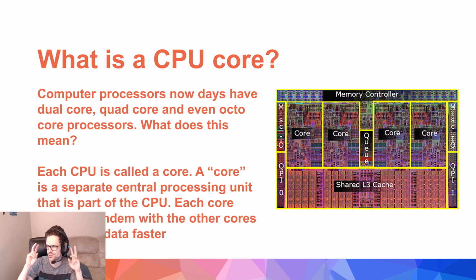So if you had 4 cores, you should be able to theoretically run 4 processes at once, 4 separate processes. So you might be able to have Microsoft Word open, Google Chrome, maybe some other piece of software open, like a game, and then maybe PowerPoint. You have 4 programs open at once, in theory.